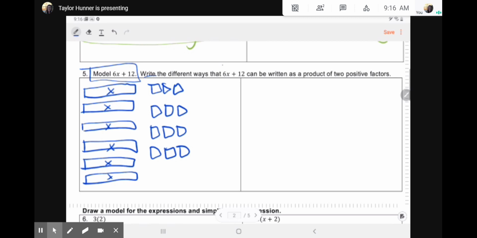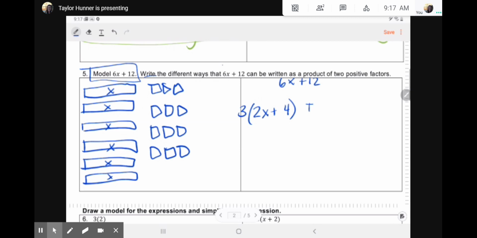Well, if I were to factor out a number that went into both 6x and 12, I know that 3 goes into both of those. So 3 times 2x would equal 6x, and then plus a 4, because 3 times 4 would equal 12.